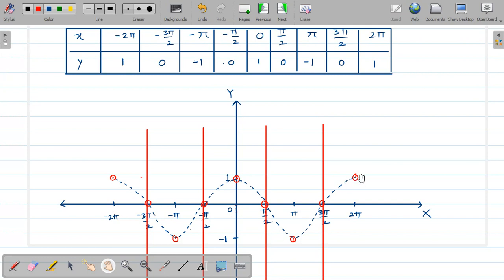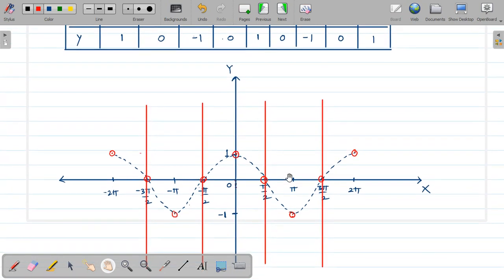shown by dotted line. Now all of you know that whenever cos function is 0 for the particular angle, sec function is infinity, because sec x is the reciprocal of cos x. So here for pi by 2 sec x is infinity, for 3 pi by 2 sec x is infinity, for minus pi by 2 sec is infinity, for minus 3 pi by 2 sec x is infinity.